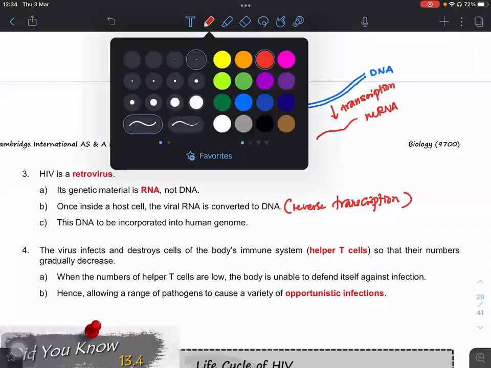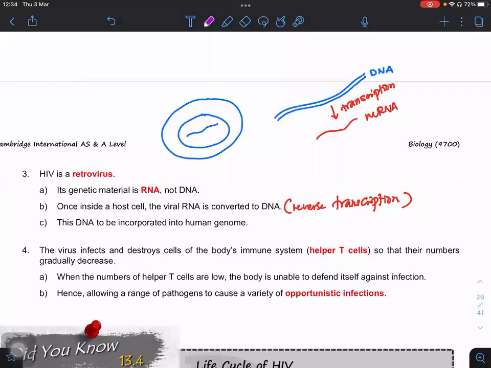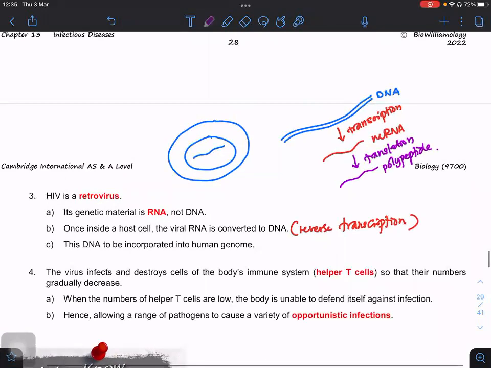Then under the translation process, we get the polypeptide and then folding. Still remember? Clear?